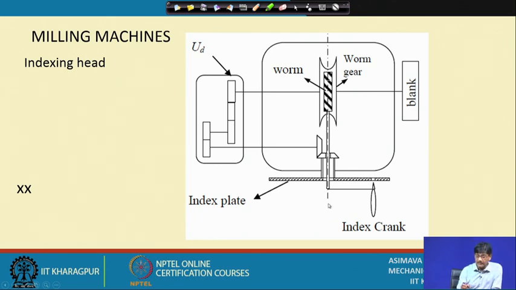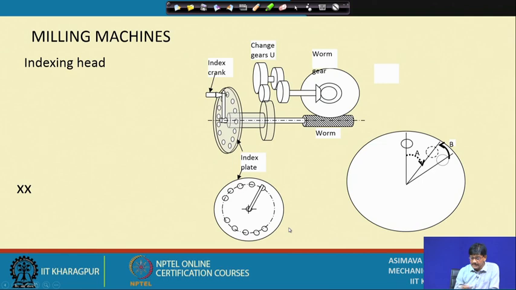What we mean is, we can see it here itself. If I am having, say, index crank this way. Okay, let us pass on to the next figure. I think we will get better chance of understanding this. Yeah.